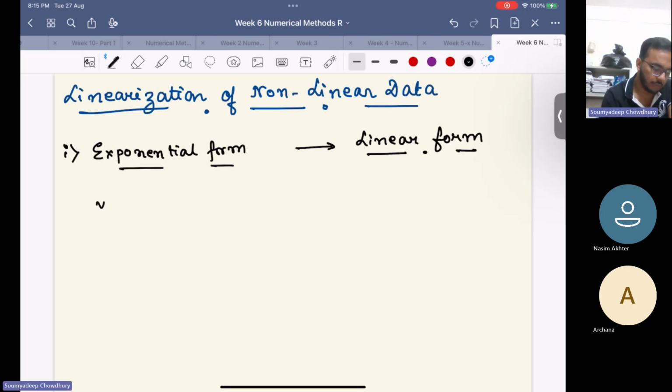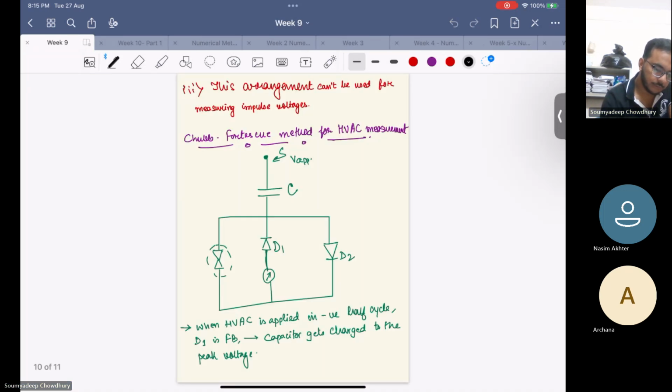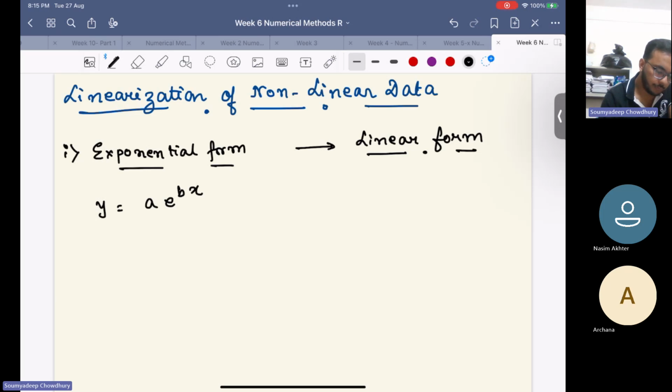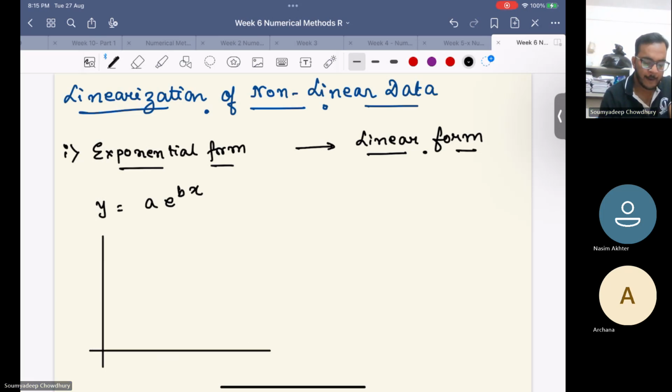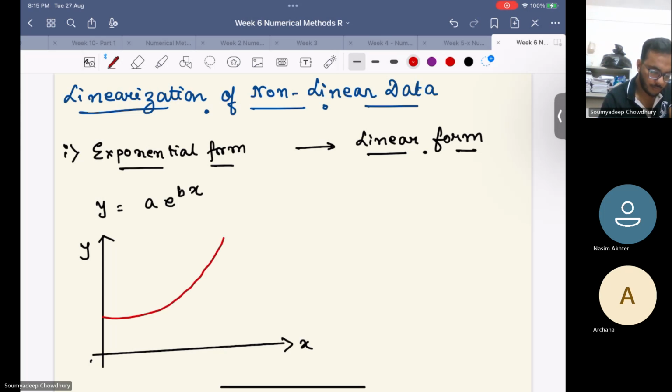Suppose we have an equation y equal to a e to the power bx. If you plot this, this is your y equal to a e to the power bx, where this is a, right?